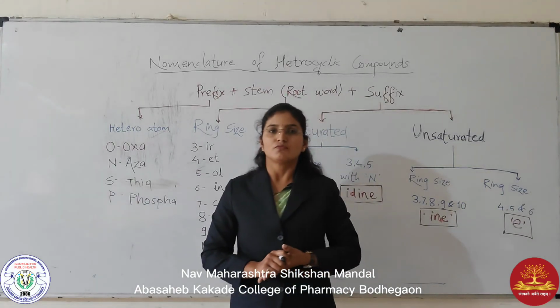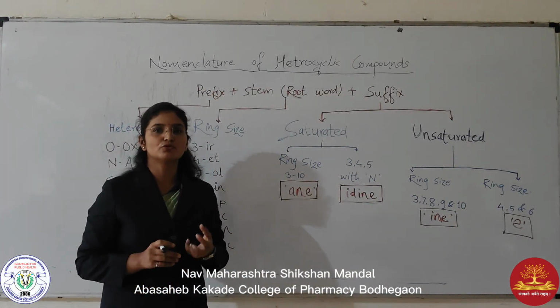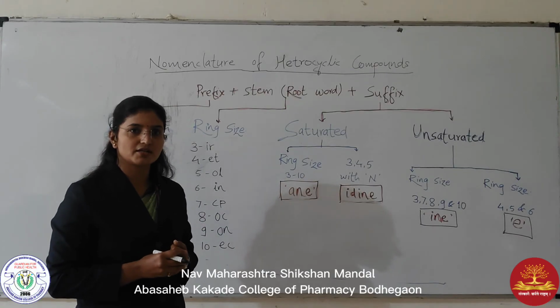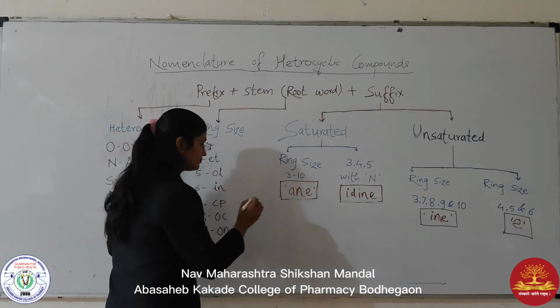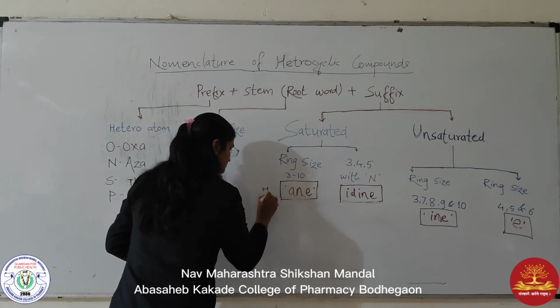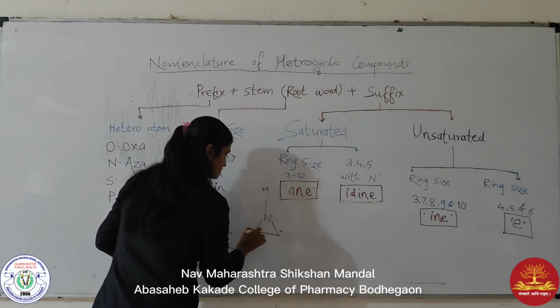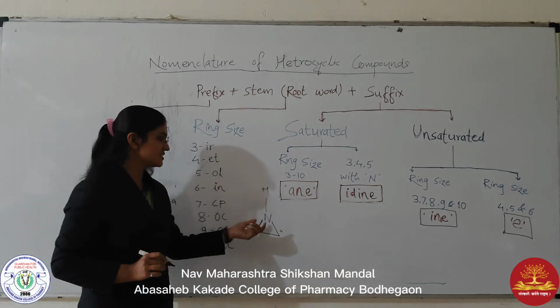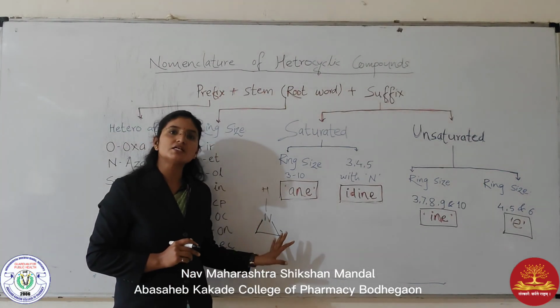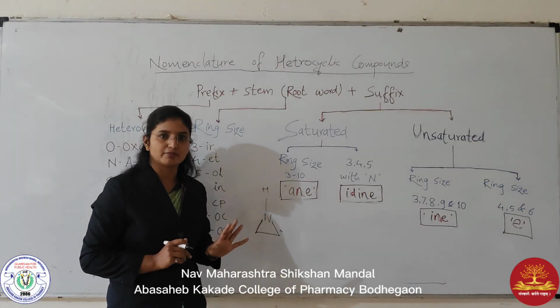Now for your better understanding, let us take some examples that will help you with the nomenclature of heterocyclic rings. Take one example. You can see this is a 3-member saturated ring which contains nitrogen as a heteroatom.